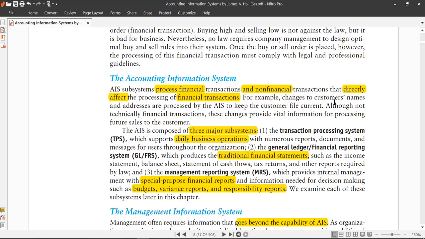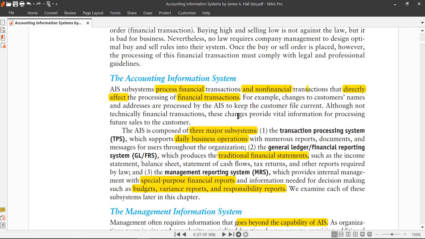So, ibig sabihin, kapag nagdagdag tayo ng list of suppliers or customers, hindi talaga siya financial transaction yet. Pero in the future, di ba? Pag nagkaroon ka na ng transactions with that additional list of suppliers or customers, yun yung sinasabi na non-financial transactions, pero mayroon siyang direct effect sa processing of financial transaction.